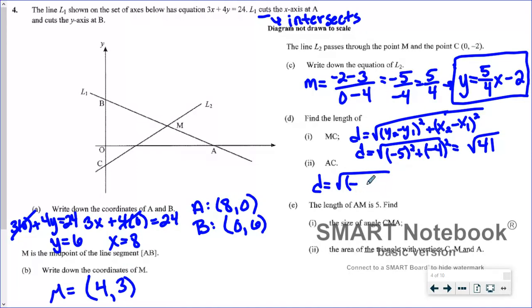Oops. Negative 2 minus 0 squared plus x2, so 0, minus x1, which is 8, squared. All right, so negative 2 minus 0, negative 2 squared is 4, negative 8 squared is 64. So this is just going to be the square root of 68.